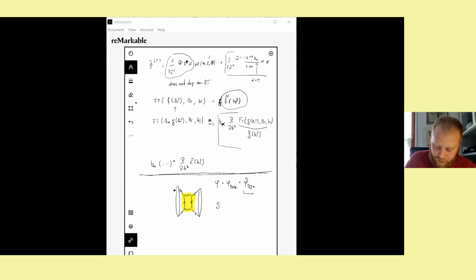Your theory is usually written as an action that depends on the total field phi. This will be split as something that is only for the background, plus something that is only for the dynamical, plus some interaction Lagrangian that depends both on the dynamical and on the background. There is really nothing there.